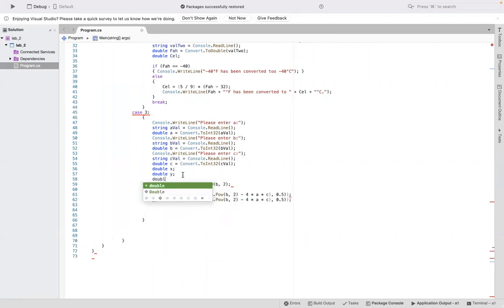And then if c is positive, then it has two roots. If it's negative, it only has one.